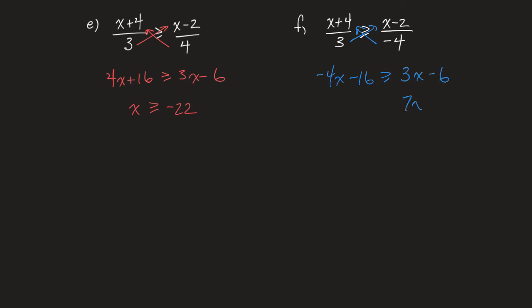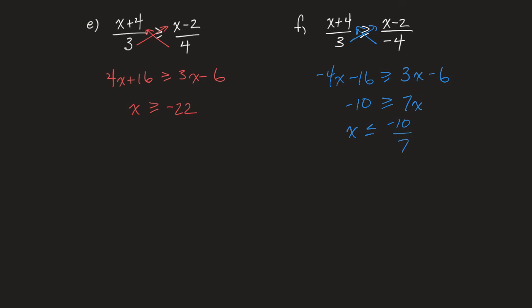Now I have a 7x on that side, and I'm just going to write it so that we're totally crystal clear. Now I have my minus 10 on the other side, so maybe now I can flip it and feel a little more comfortable. All I'm doing is changing my direction, so x is less than or equal to my negative 10 sevenths.